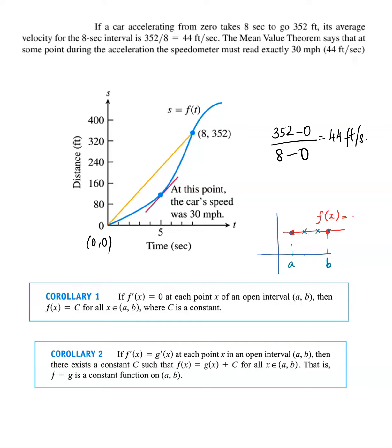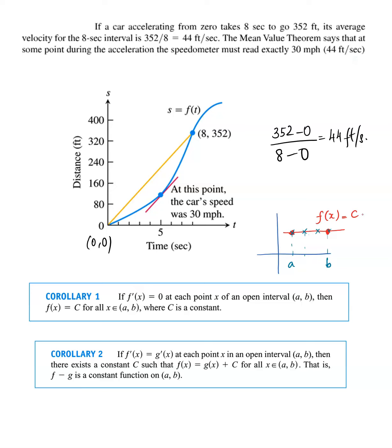It's always y equals some number. So f of x equals c is a format to indicate a constant function. A horizontal function is a constant function. So this is the reverse of that, right? If f prime of x equals 0 at every point, then the obvious consequence is that the function is a constant function, f of x equals c.